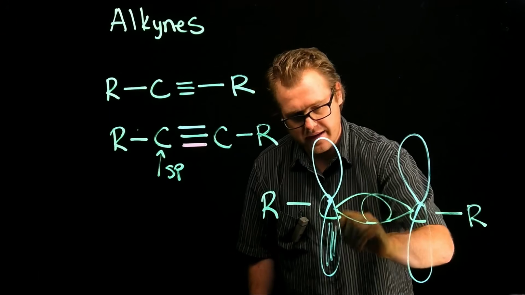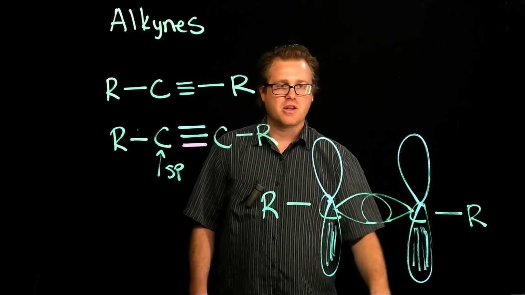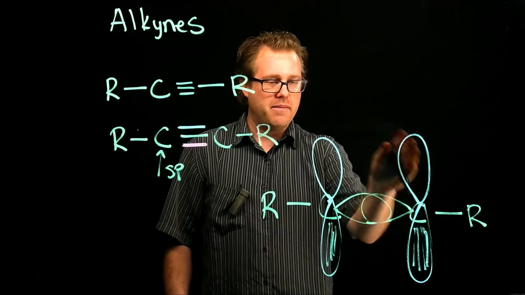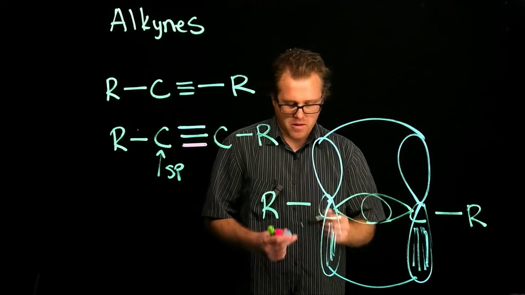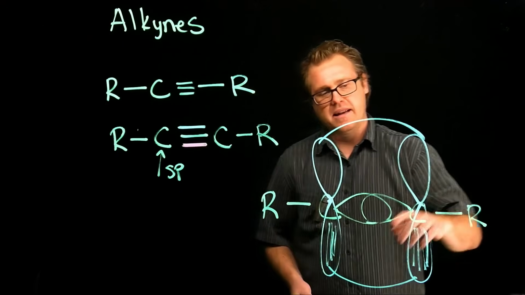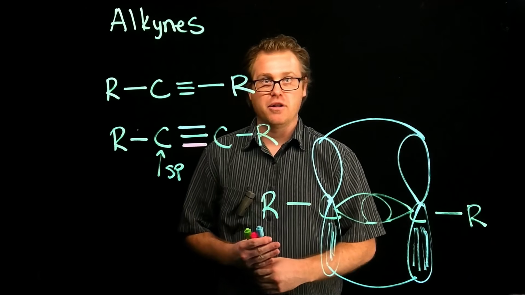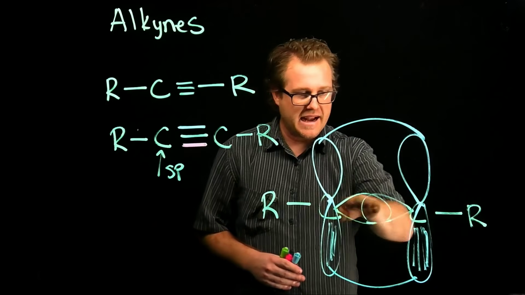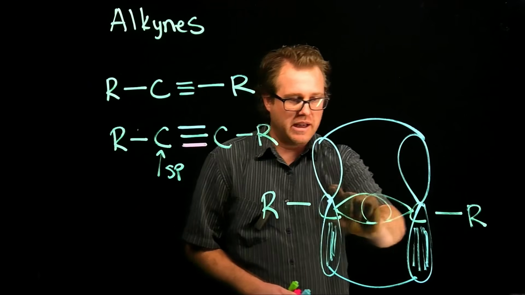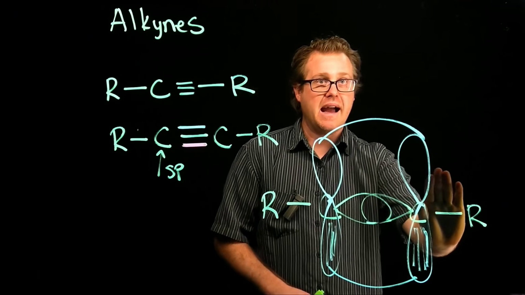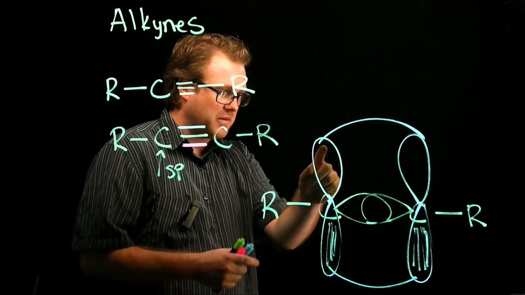And these have phases, and so we have overlap of electron density above and below. But what's really important to understand is that these pi orbitals are perpendicular to this axis right here. So if this molecule in green is in the plane of the glass, then we have the p orbitals.